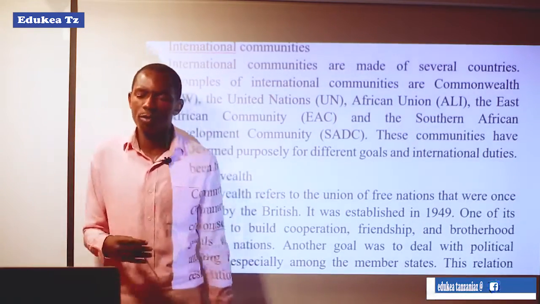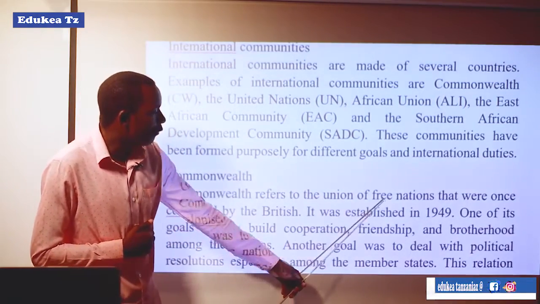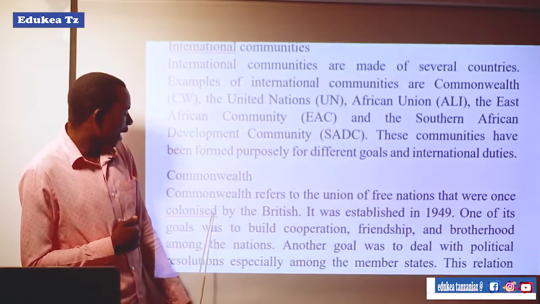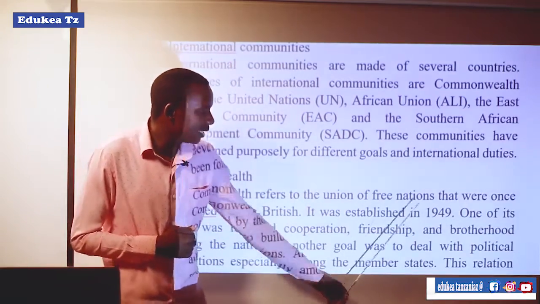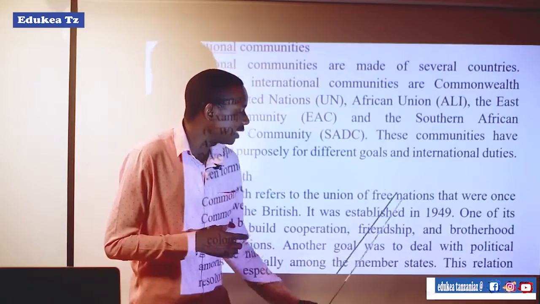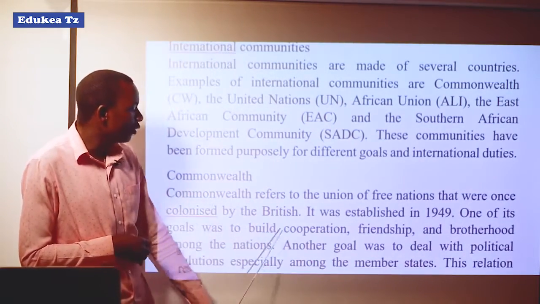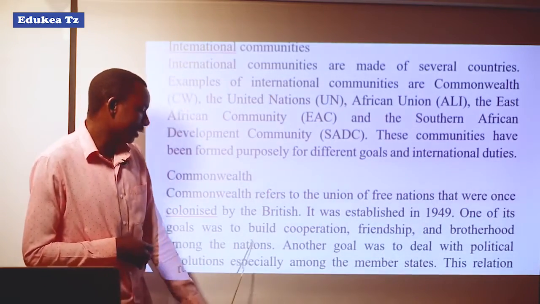So, starting with the Commonwealth. The Commonwealth refers to the union of free nations that were once colonized by the British. It was established in 1949. One of its goals was to build cooperation, friendship, and brotherhood among the nations.